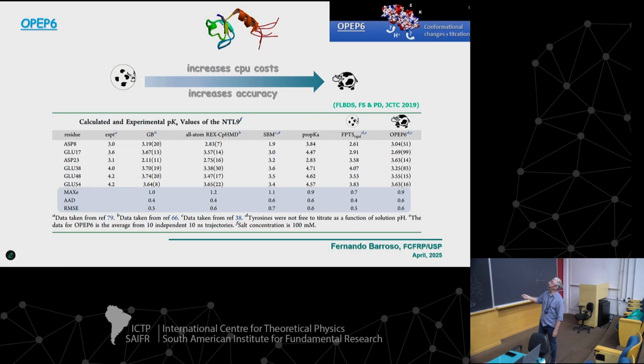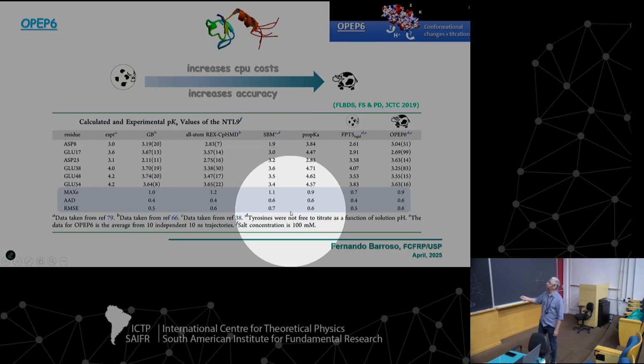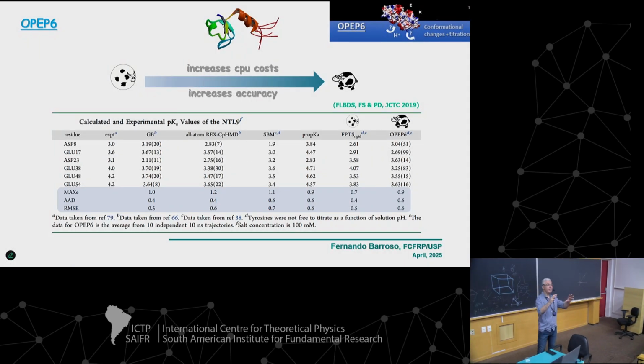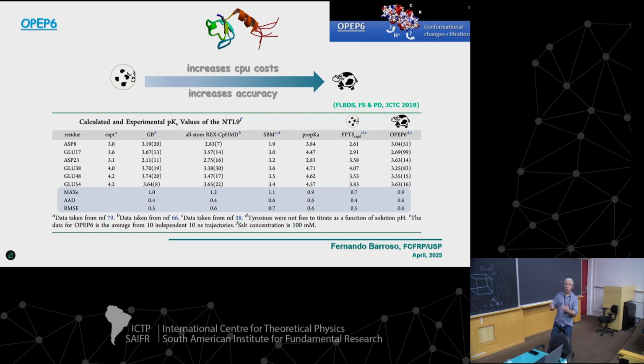If we compare even with methods that are quite simple, you know, this Go-like model, you get the parameters to reproduce the crystallography data. So this is the class of models that we call Go-like models. You really make sure that your parameters are going to give you the proper solution. Essentially, that's the idea. And even so, FPTS can be better than these.